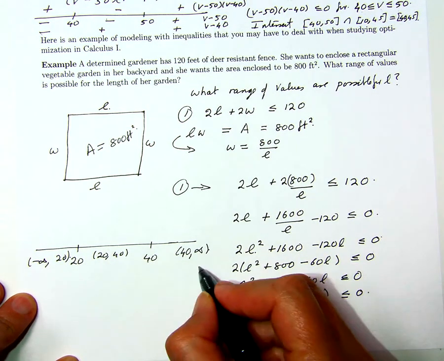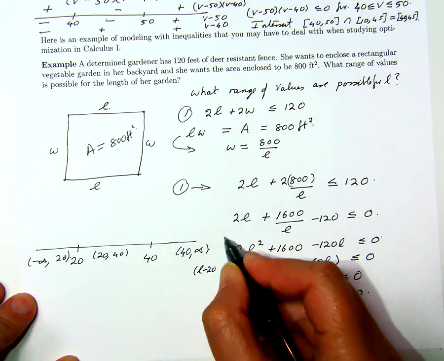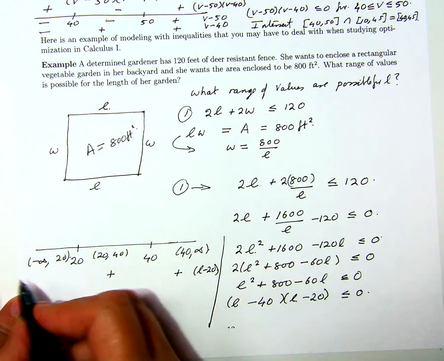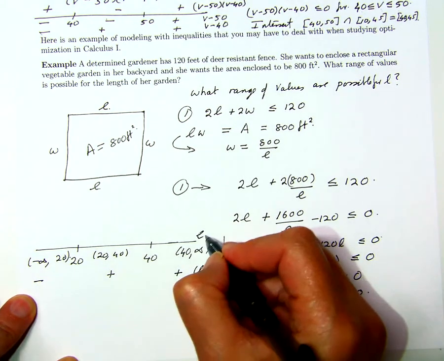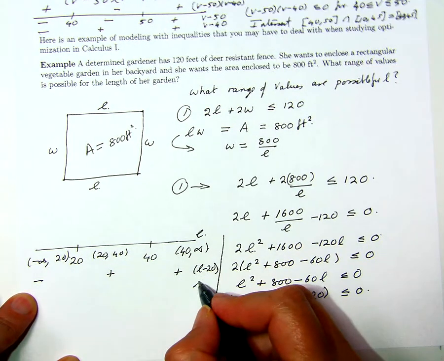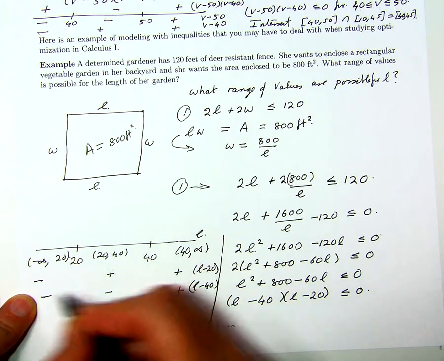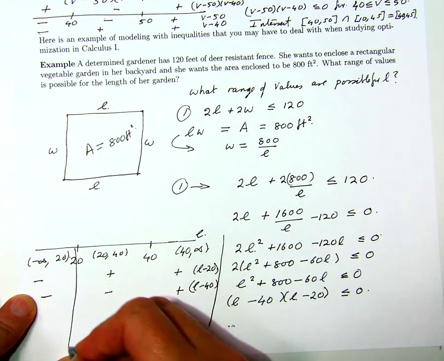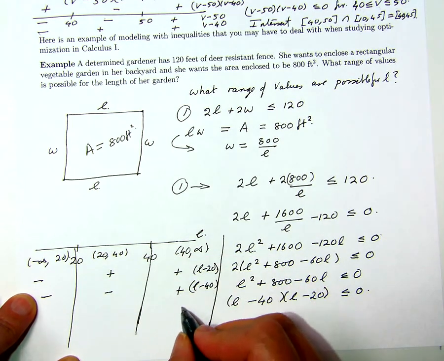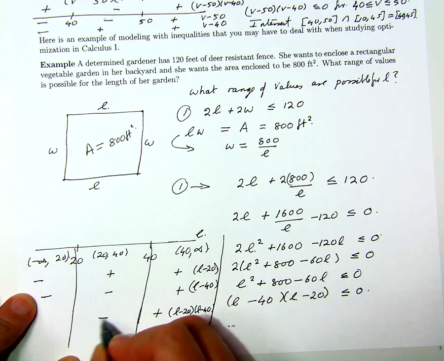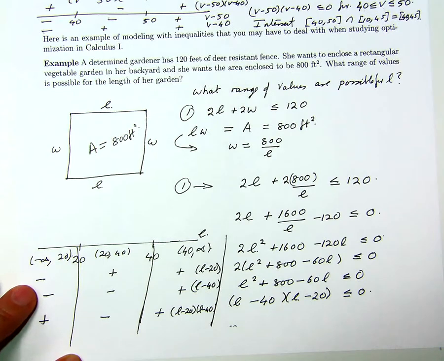The sign of L minus 20 is positive on the first two, negative for L less than 20. L minus 40 is positive on the first, negative on the other two. And then their product, L minus 20 times L minus 40, is going to be positive on the first, and positive on the last.